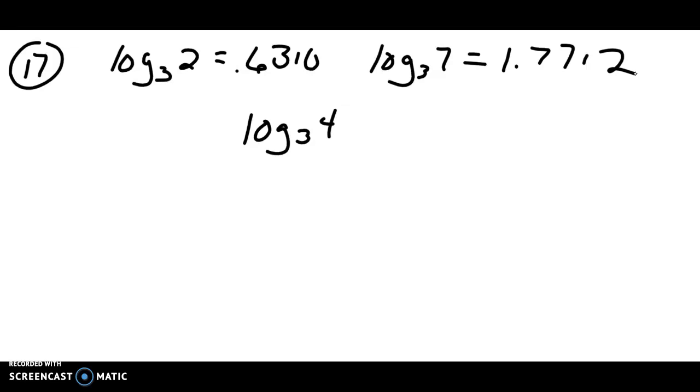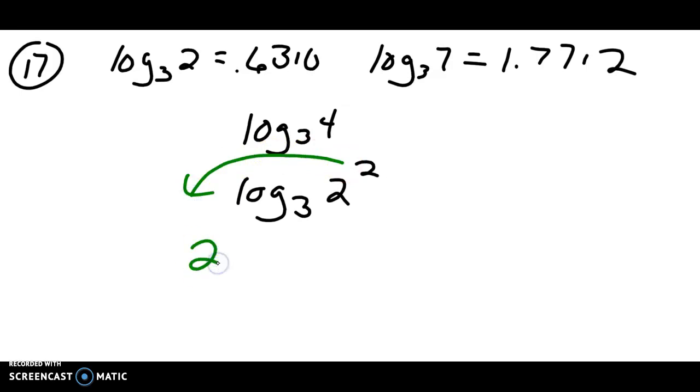Now, if you look at the problem, it says log base 3 of 4. Well, we don't have log base 3 of 4. But can I manipulate this and get it to one of these things that we already know? And the answer is yes. I'm going to use the power property. I'm going to change 4 to 2 squared. Now, using the power rule, I'm going to put that exponent over here in the front.